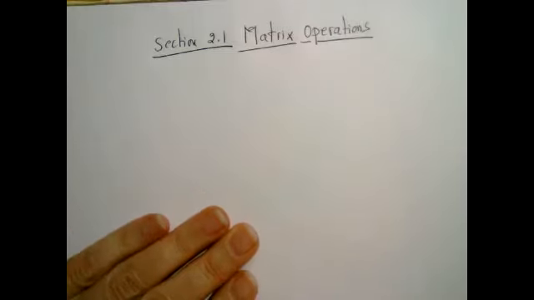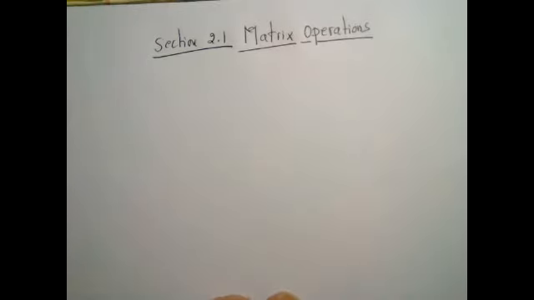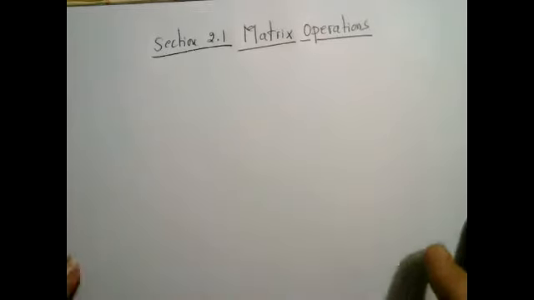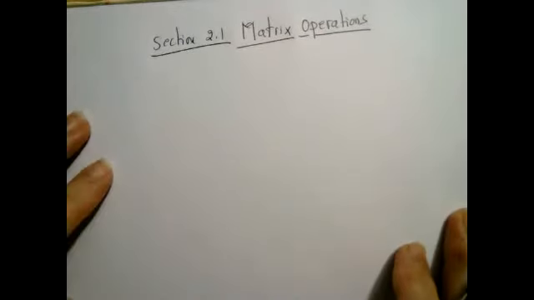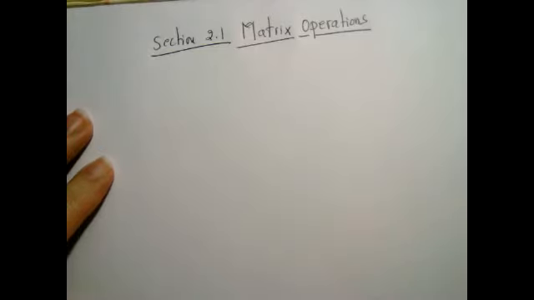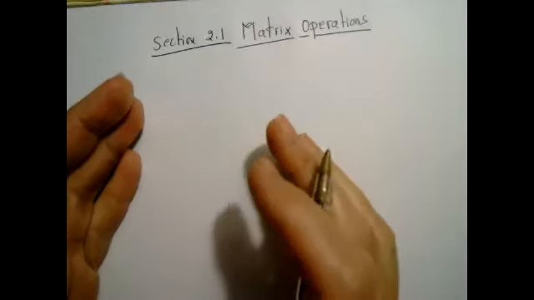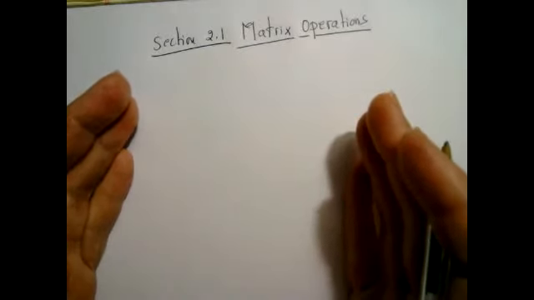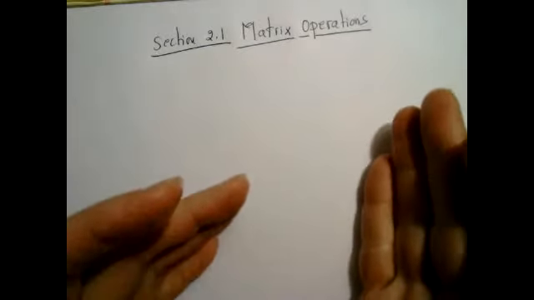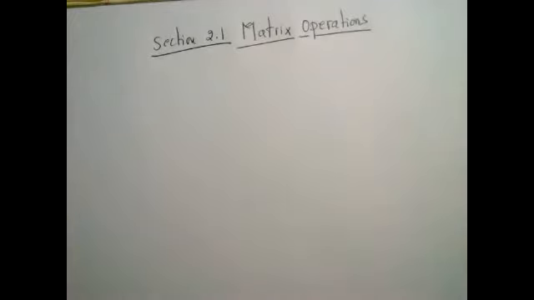So today we're gonna do section 2.1, one of the easiest sections in the course, and very basic, very important also. Matrix operations. We're going to start doing algebra on matrices. We introduced matrices as a rectangular array of numbers that we definitely needed to solve systems and to write systems in a more compact way as a matrix equation.